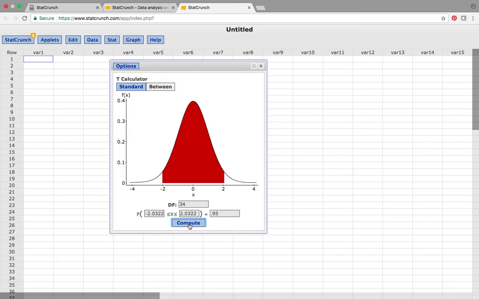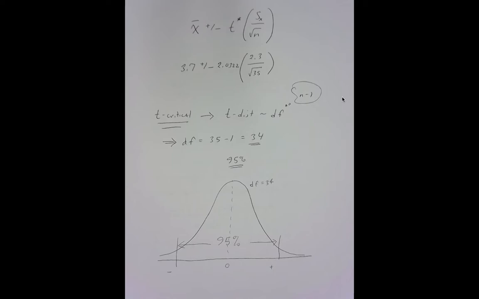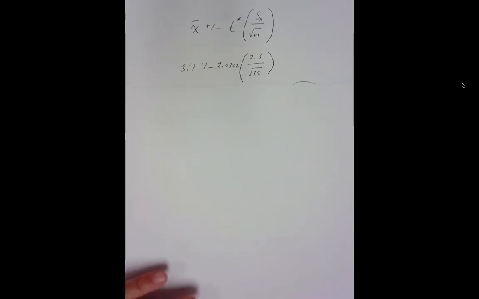Hit Compute, and we see that our t critical is 2.0322. Hey guys, I'm writing that. 2.0322. So right there, 2.0322.